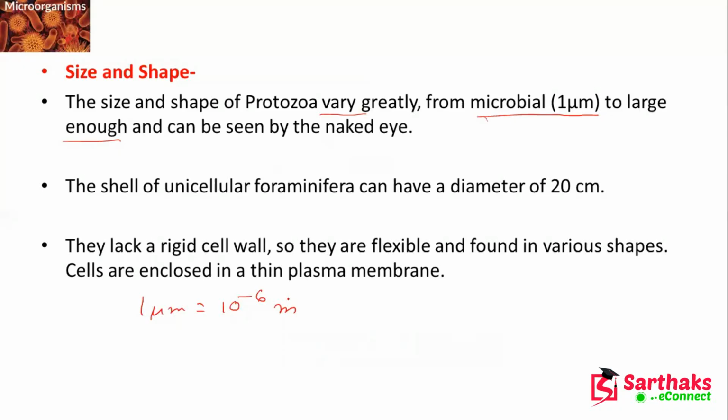The shell of unicellular foraminifera can have a diameter of 20 centimeter, and they lack a rigid cell wall, so they are flexible and found in various shapes. The cell wall is not so rigid, so it can change its shape, and cells are enclosed in a thin plasma membrane.